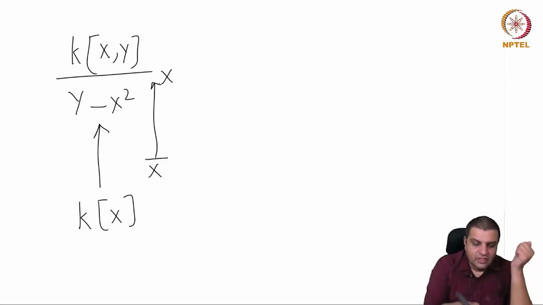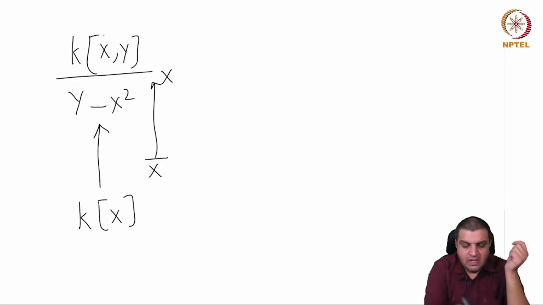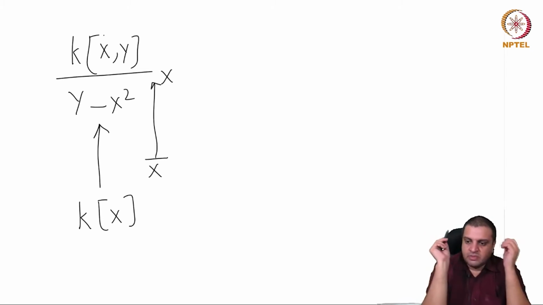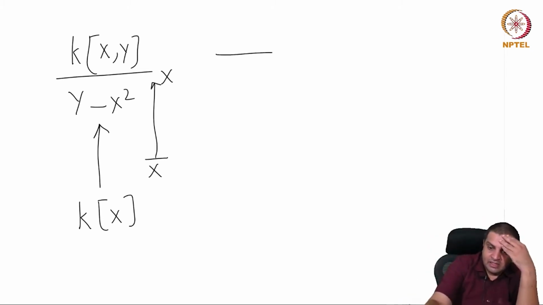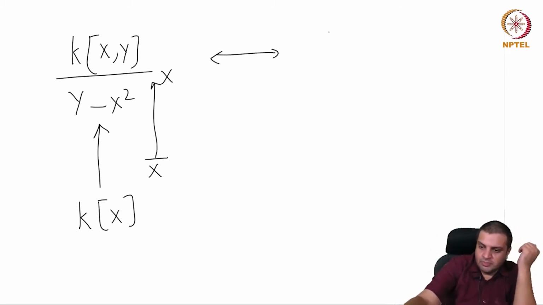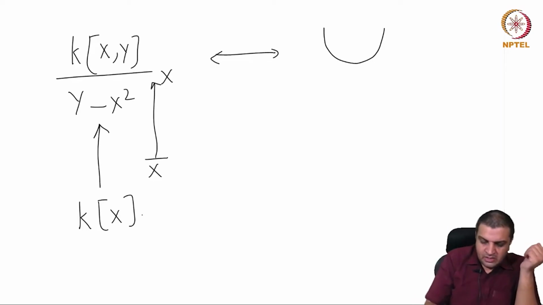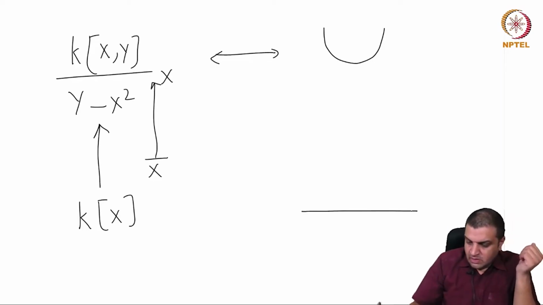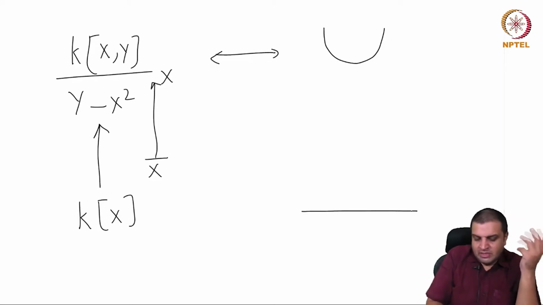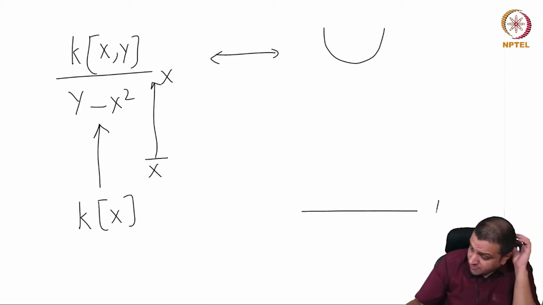We can think of k[x] as a subring of this: k[x] adjoined y, and then we kill y minus x squared. This corresponds to the parabola, and k[x] corresponds to an axis like this.